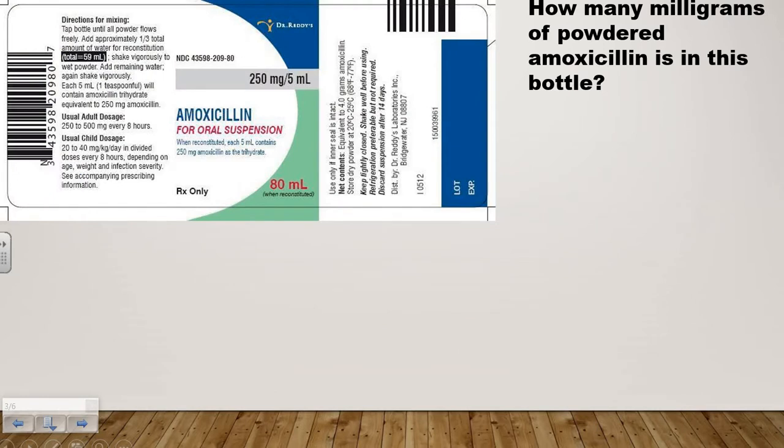Okay, here's a label I pulled off the internet, and this is a powdered label. It is labeled for the 250 milligram to 5 ml concentration, and it will make 80 milliliters of liquid when you add 80 milliliters to this bottle.